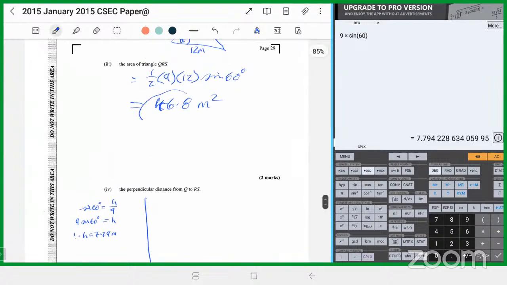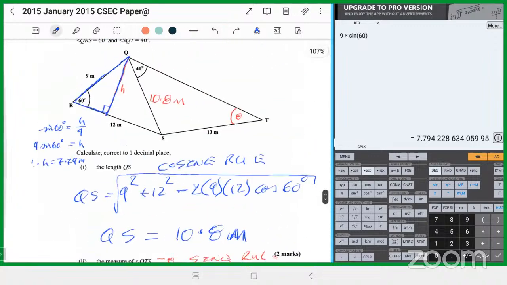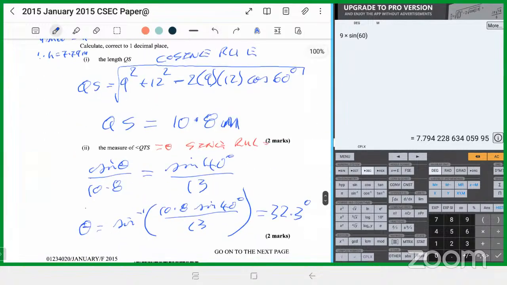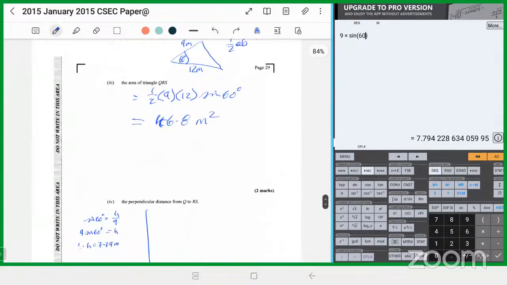Since we know the area is this, if you look at it, the area of the triangle is half this base times this perpendicular height, and this area is the one that we calculated a while ago. Supposed to get the same answer.